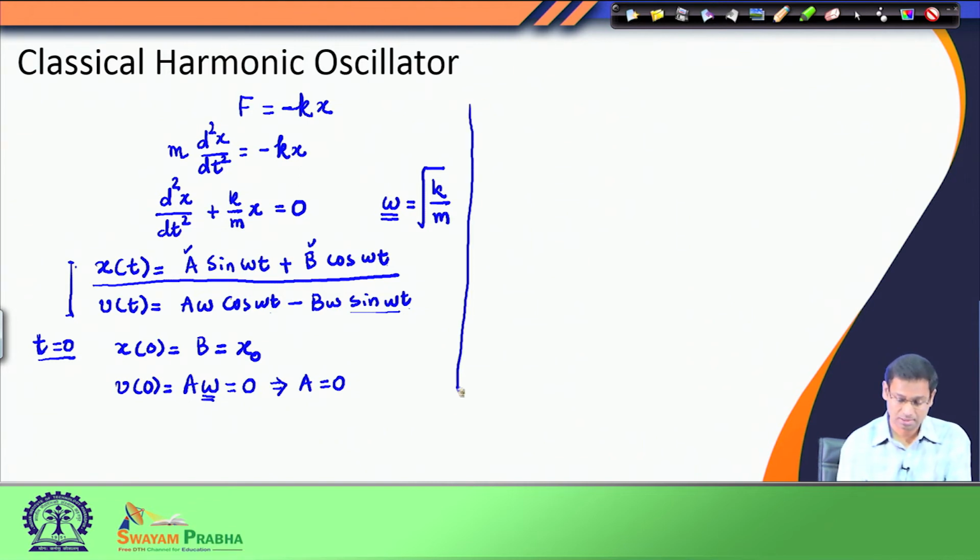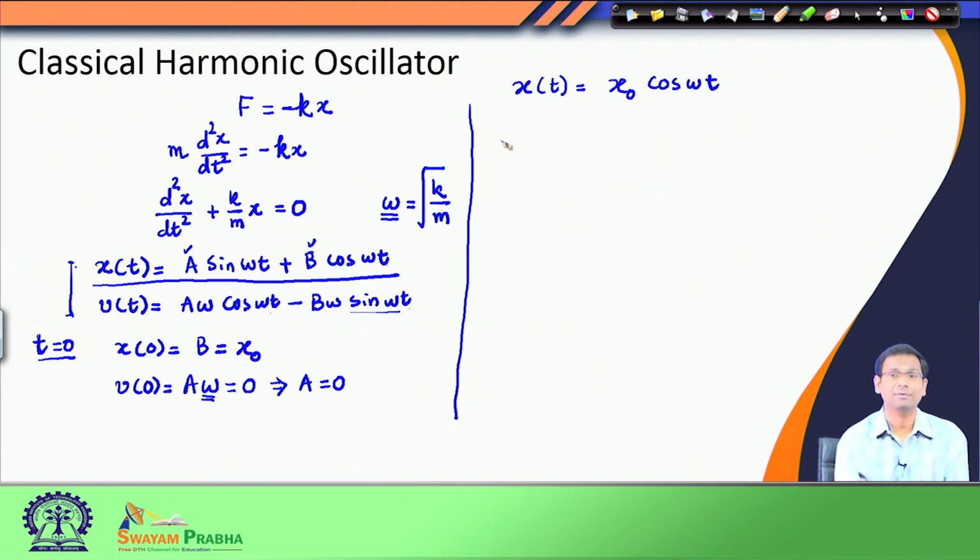Let us use the knowledge that we have now and define my x of t as a, which is 0, so this term vanishes, and b is x 0. So, x 0 cosine omega t.